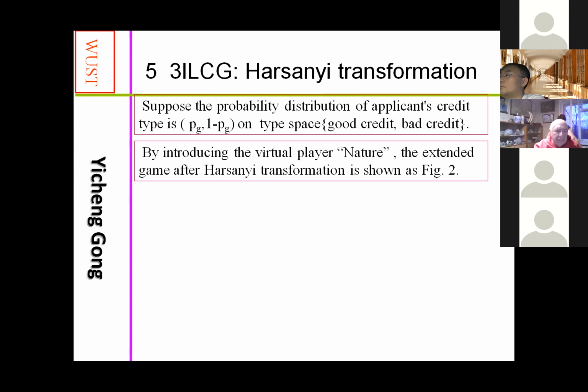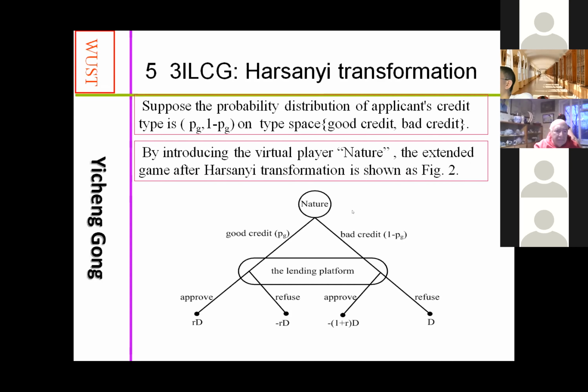By introducing the virtual player nature, the extended game after Harsanyi transformation can be shown as this figure. First, the virtual player nature will assign the type to the new applicant: good credit by probability PG and bad credit by probability 1 minus PG.